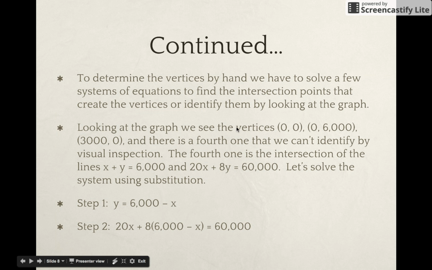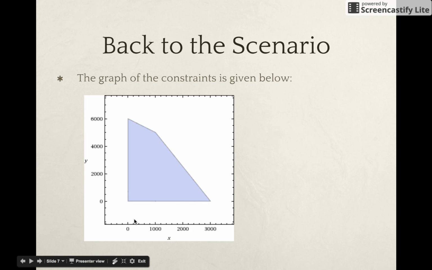Looking at the graph, we can see some of the vertices just by looking. I'm going to toggle back to see the ones that we have identified in this slide. This is the ordered pair (0, 0).